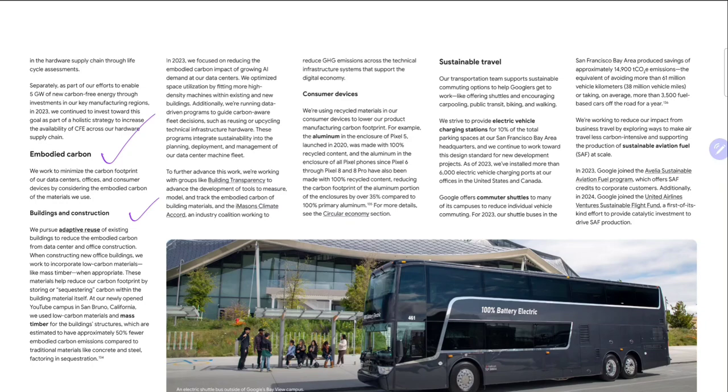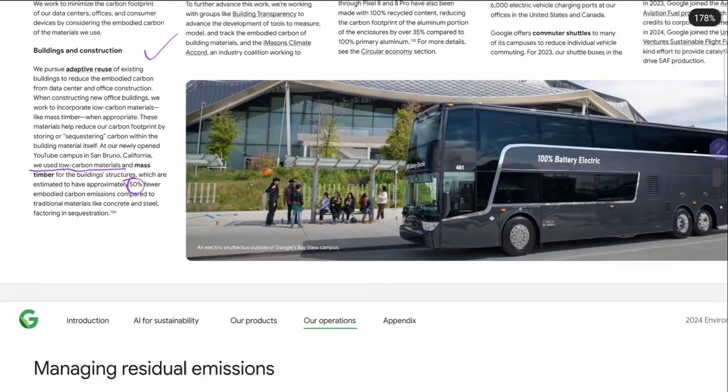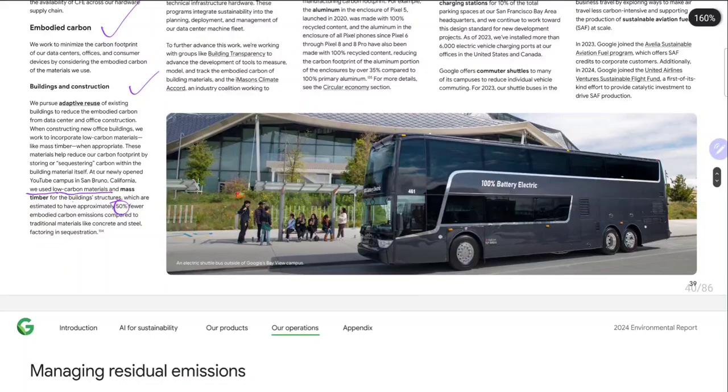It is also very well said that we use low carbon materials and mass timber for the building structure, which are estimated to have approximately 50% fewer embodied carbon emissions compared to traditional material like concrete and steel, factoring in sequestration also. Very interesting to know.